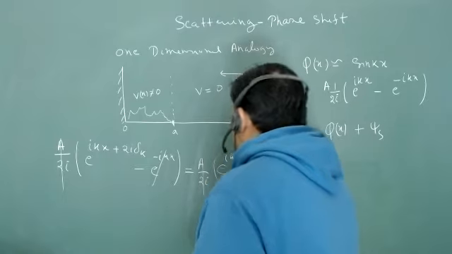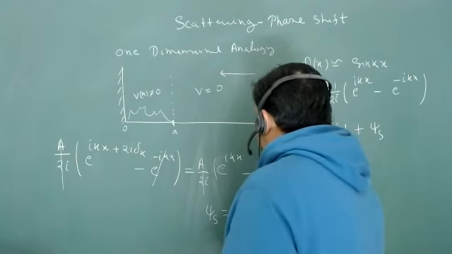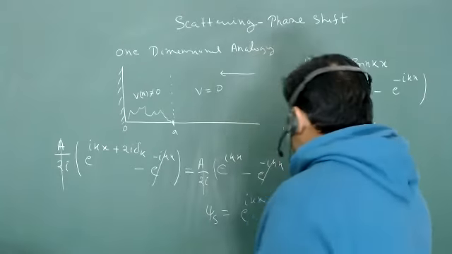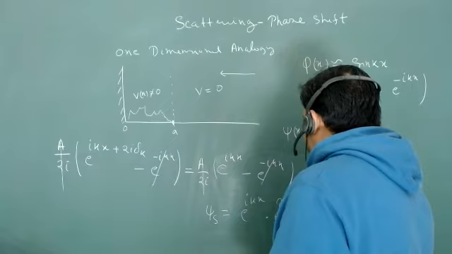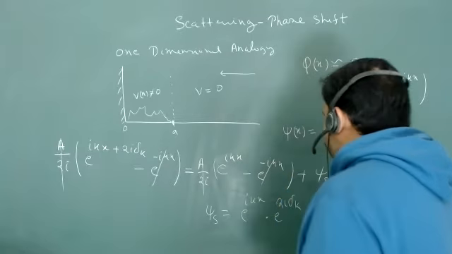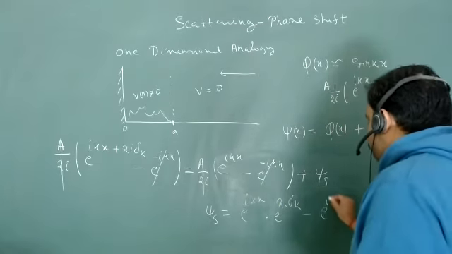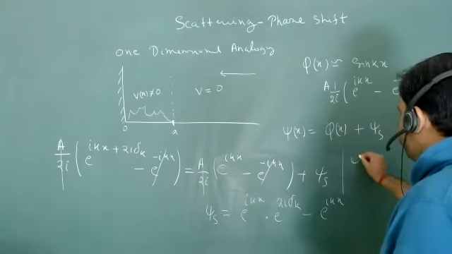We can get psi x as e to the power ikx into e to the power 2i delta k minus e to the power ikx. So what is my scattering wave function?